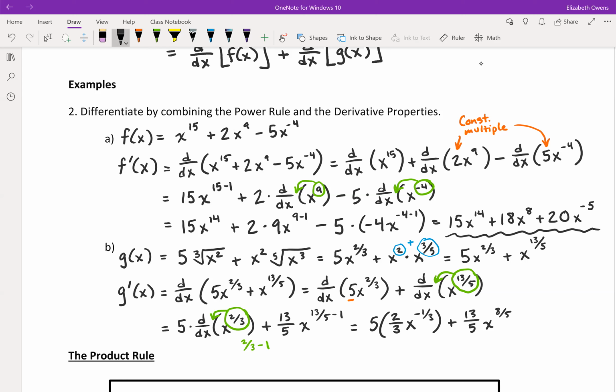And then just to finish this off, make it look nice and pretty, I'll multiply these two terms together here. 5 times 2/3 would be 10/3 x to the -1/3 plus 13/5 x to the 8/5. Whew. All right, it's a crazy looking function, but there it is. You could put this back in terms of the roots or radicals if you wanted, but it's just fine to leave it just like this for now.